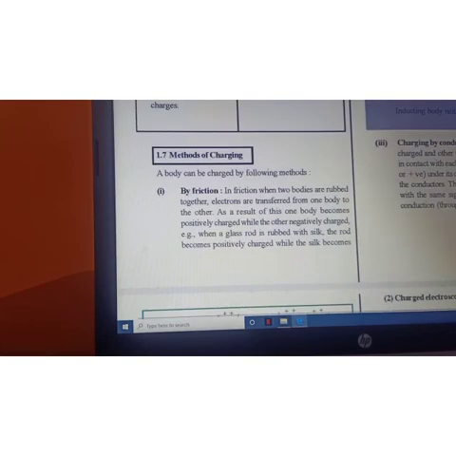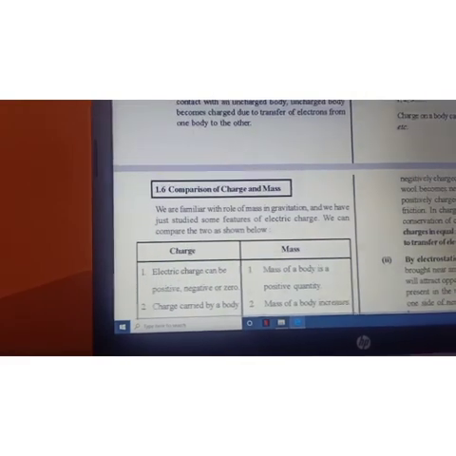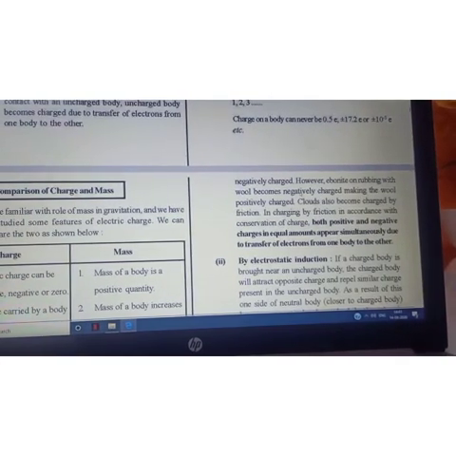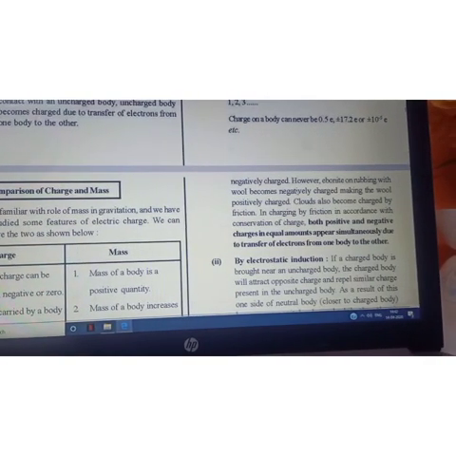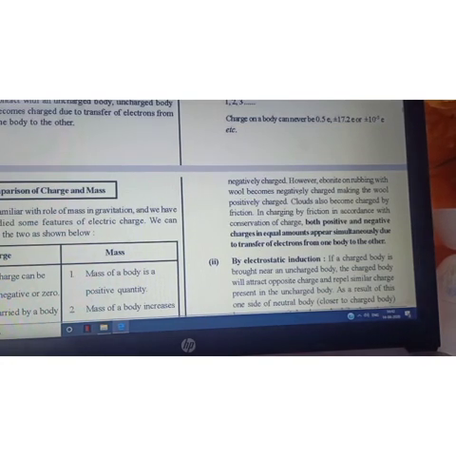So by friction we can charge a body. There is an electrostatic series, as you have seen in your NCERT books or any other books, which is an arrangement of different substances, and if we rub one with another, the former is positively charged and the latter is negatively charged.